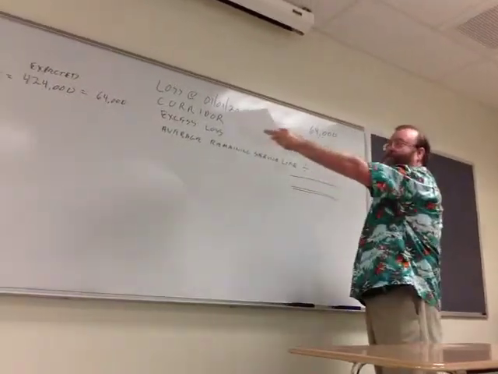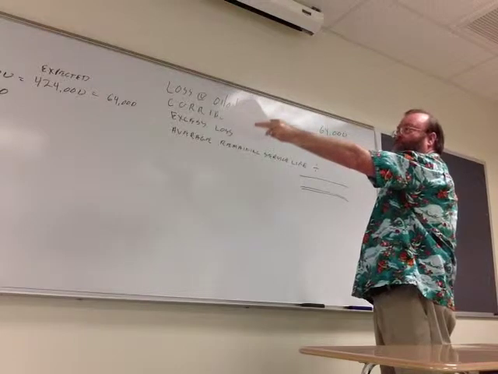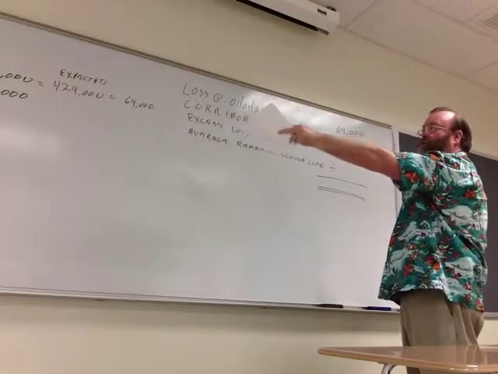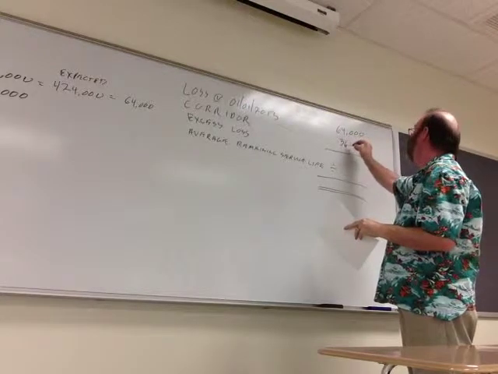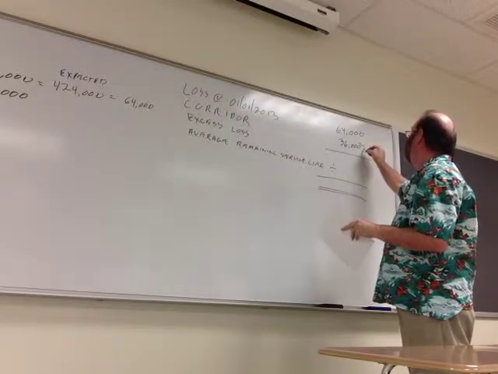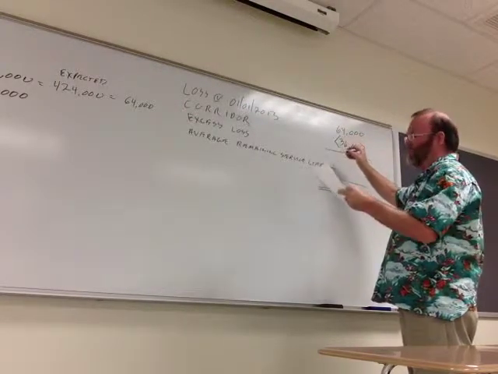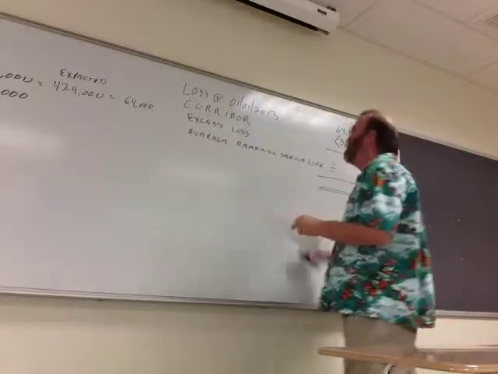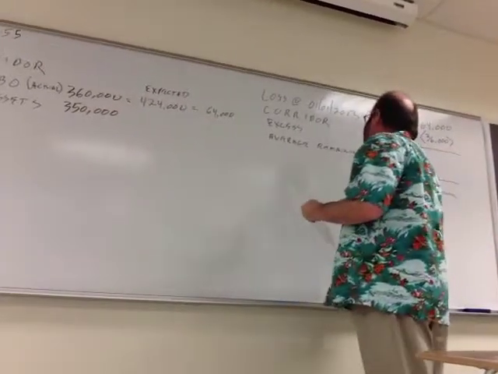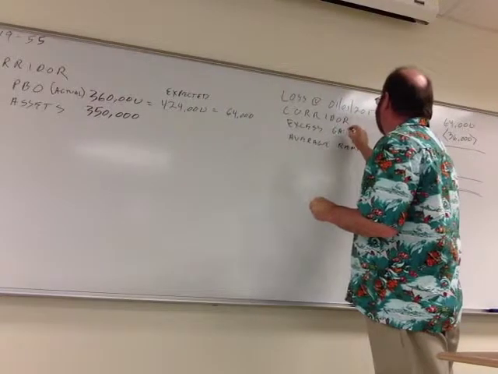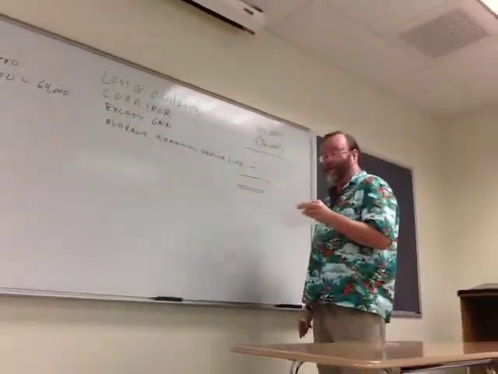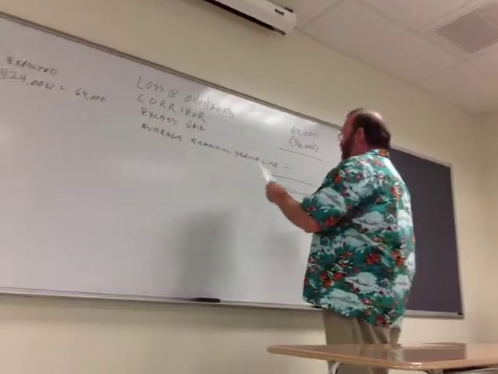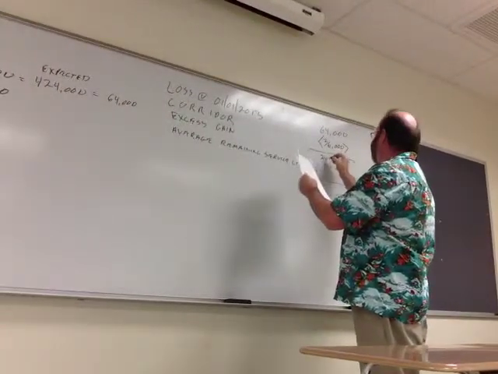If we take 10% of the larger of those two numbers, the projected benefit obligation or the assets, we get 36,000 as our corridor. The excess gain now, because this is now a gain, because our actual is far less than what we expected, is 28,000.